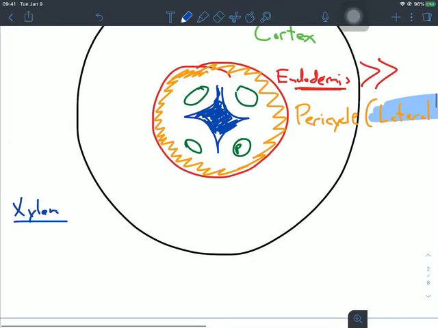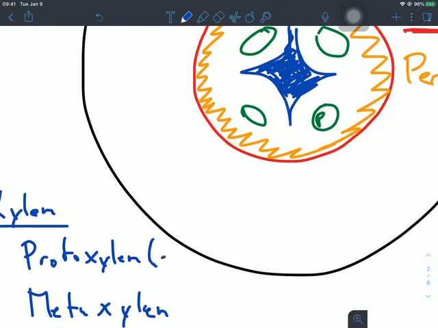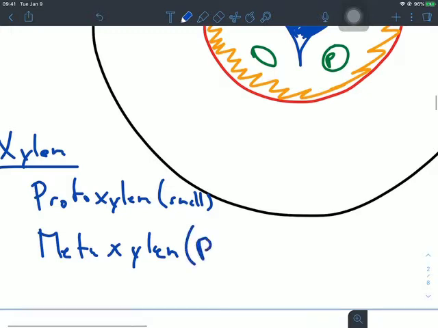The early developing xylem, or protoxylem, and our later developing xylem, the metaxylem. And you can have vessels and tracheids of both of these. More oftentimes, you'll see a higher abundance of tracheids in your protoxylem, because your protoxylem is oftentimes your small stuff. And then your metaxylem is big. Once it's specialized, elongated, matured, the metaxylem will be giant.